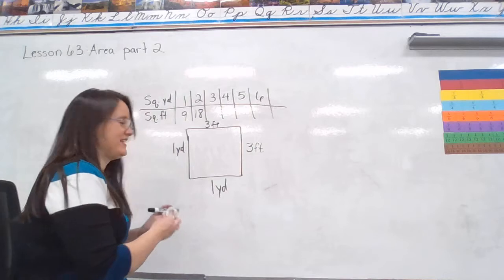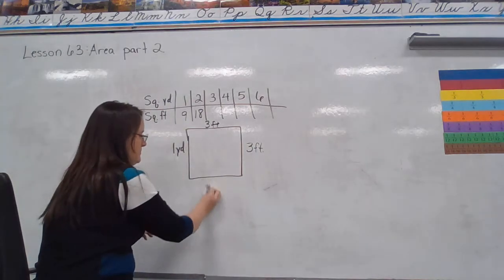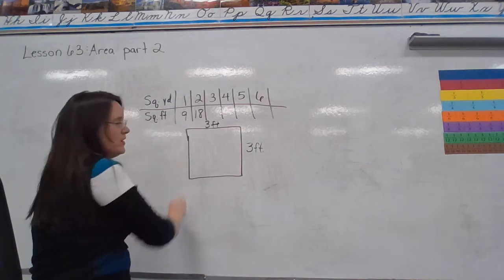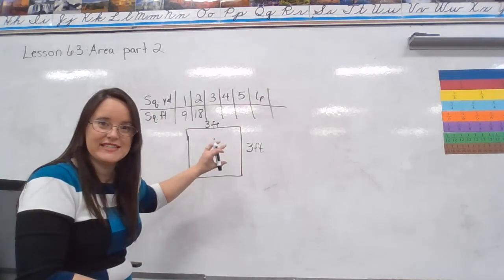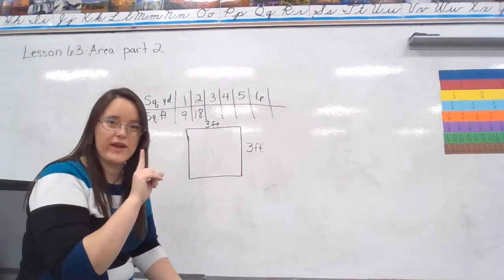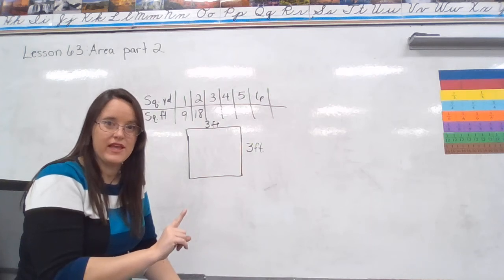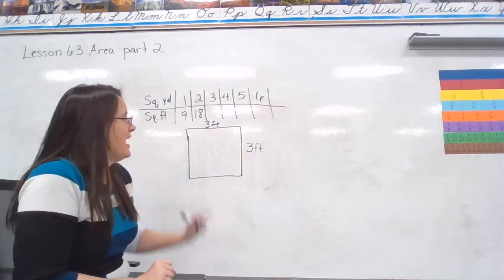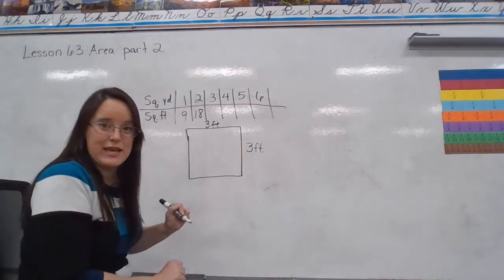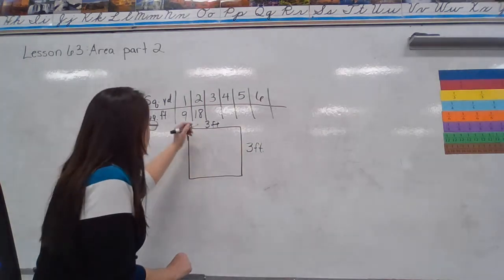So I can even get rid of this 1 yard measurement. But I want you to remember, I haven't changed the square. This is still 1 square yard. Now I'm just looking at it as feet. I'm going to draw a grid to separate my feet.